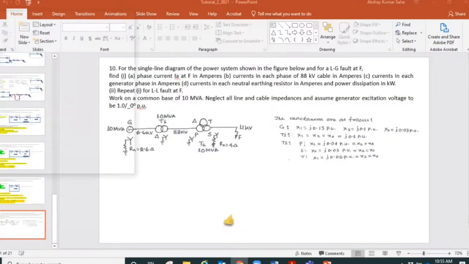Sir, is it the one they use in a cascade generator? Cascade? Say it clearly. Cascade generator. What is that cascade generator?